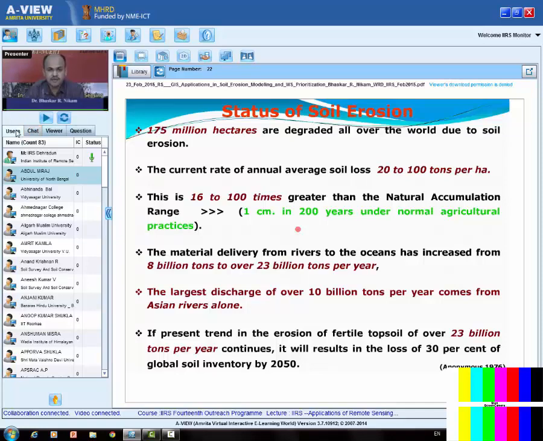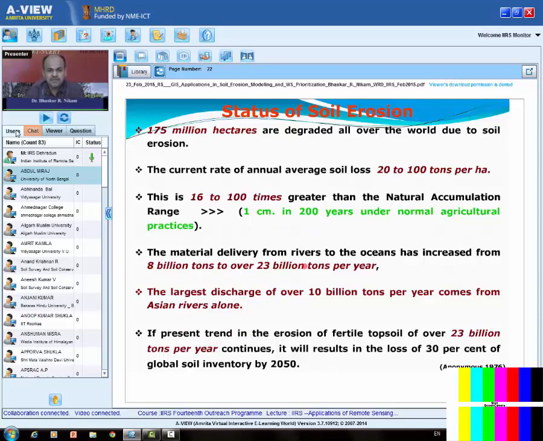So you can see it would take 200 years to form 1 centimeter of soil in a standard agriculture practice, whereas the present erosion rate globally is 16 to 100 times faster than the soil formation rate.